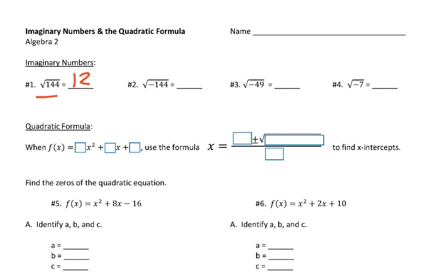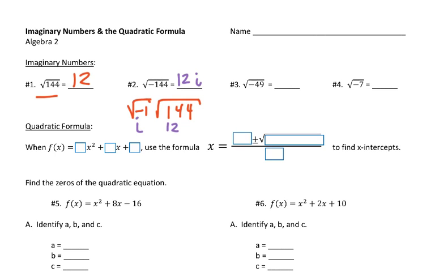So what does that change? It changes you to think of it as the square root of -1 and then the square root of 144. So if we think of that as two separate pieces, the square root of -1 becomes i, and the square root of 144 becomes 12. We do tend to write the i at the end, just like we would if it was a variable. So 12i is the answer to that one.